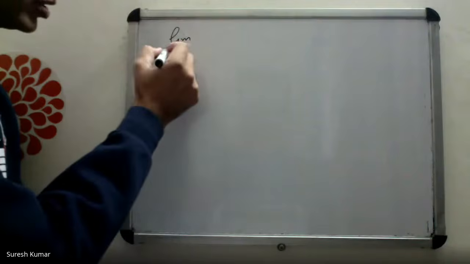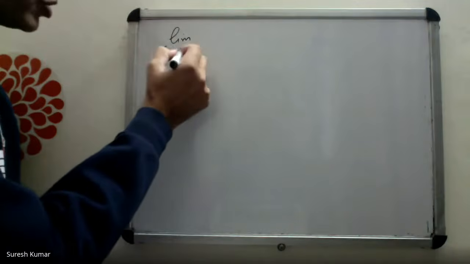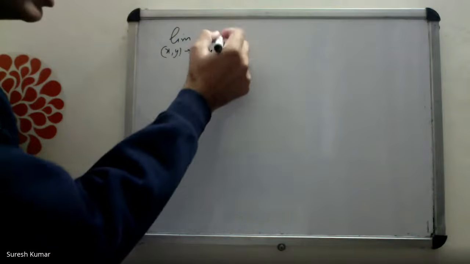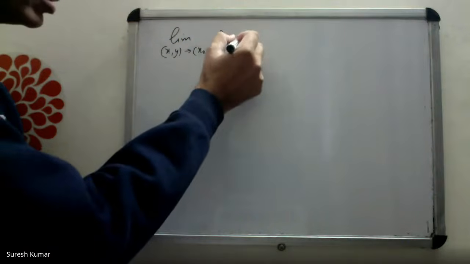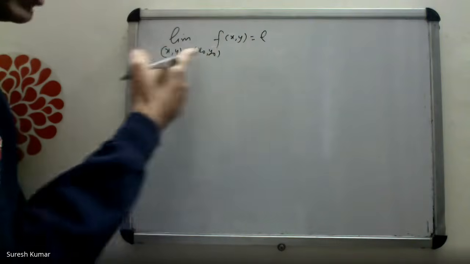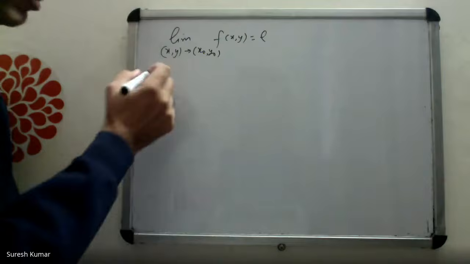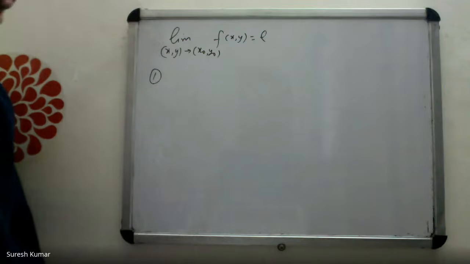Let's see some points related to the solution of limit for a function of two variables. Suppose you want to show that limit of f(x,y) as (x,y) goes to (x0,y0) is L. So what are the ways of doing it? First, you can do it by definition. What is the definition?